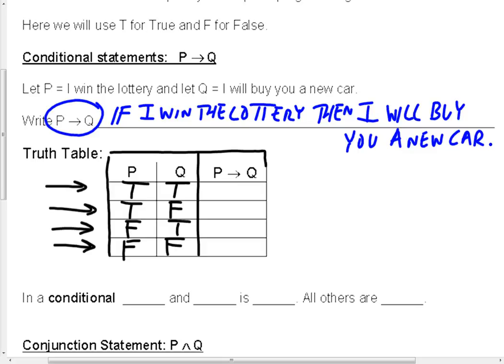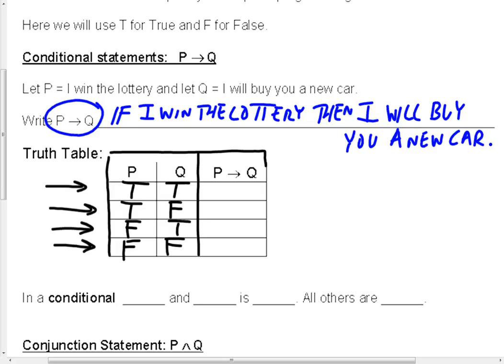So we've got 4 standard scenarios. Whenever we do a truth table, put them in that order. True, true, true, false, false, true, false, false. That way, when I'm correcting and looking over the last column, I can see whether people are getting this correct or not. And that's the standard sequence for most textbooks.